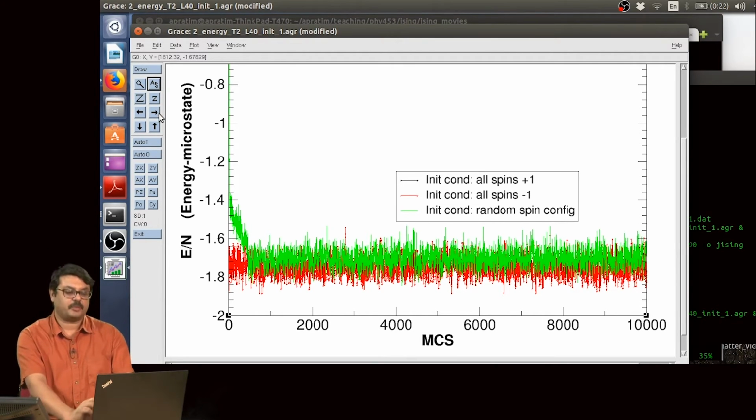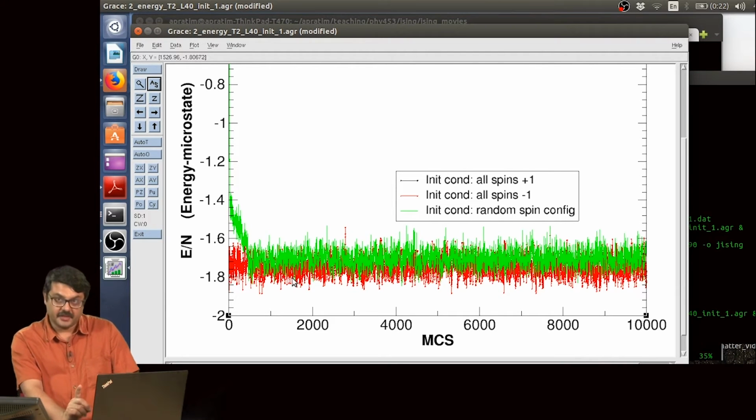The other thing to point out is when you start from a random initial condition, that is, half of the spins are pointing up, half of the spins are pointing down, which corresponds to this green curve. Again it takes some time, around 1000 iterations, as we saw in the magnetization, for it to reach equilibrium.